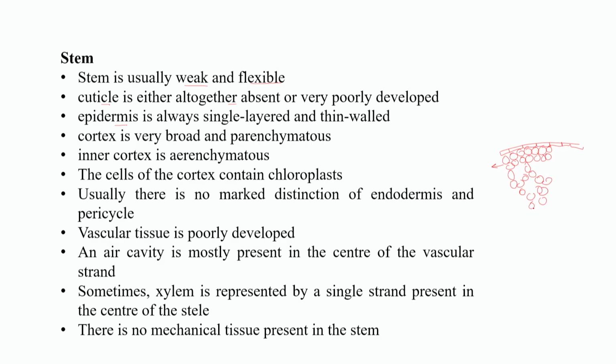Actually no endodermis and pericycle will be there, but maybe some lower layers of this cortex could be considered as endodermis. You will have a cavity. Vascular system will also be poorly developed. You will have xylem in the center, which may be marked as a single strand also. Mechanical tissues will be completely absent. That is, lignified tissue, sclerenchyma, collenchyma, all will be absent.